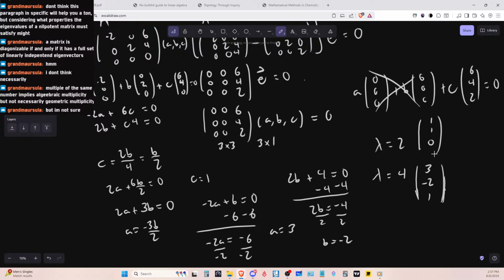And we have two 2s, so basically our basis vectors are like this.